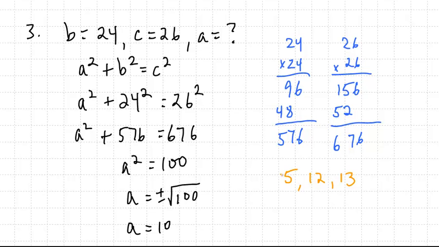So if I knew the triple 5, 12, 13, and I saw B as 24 and C as 26, I saw that 12 times 2 gives us 24, and 13 times 2 gives us 26. That means the missing side must have been 5 times 2. Okay, so that's how I could have gotten to the 10 much, much faster.